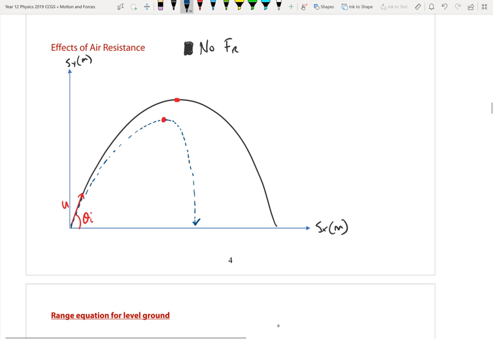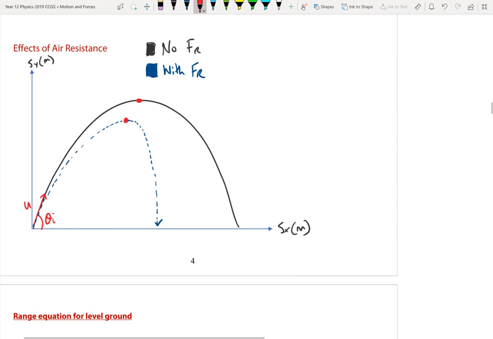So that's the shape comparing the trajectory of your projectile without air resistance and with air resistance. Okay? And then, obviously, I want you to call that theta final.